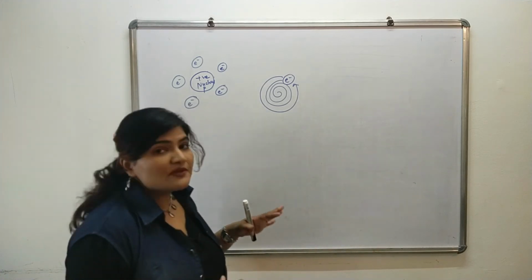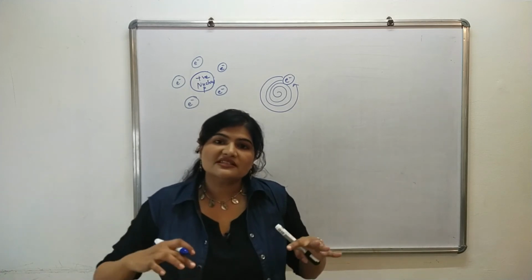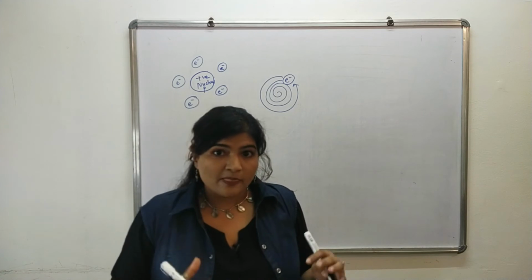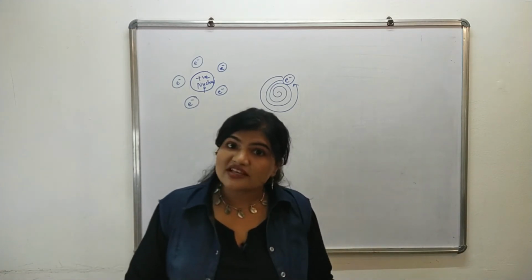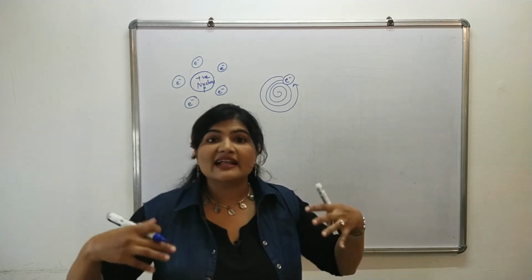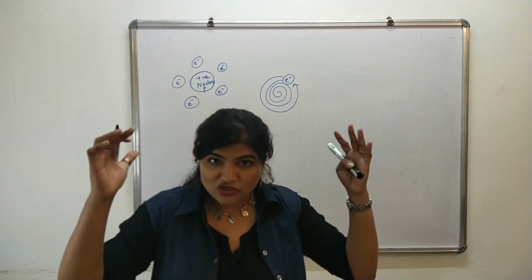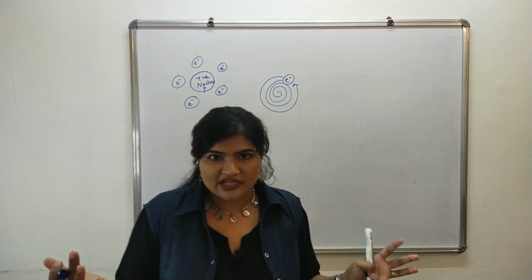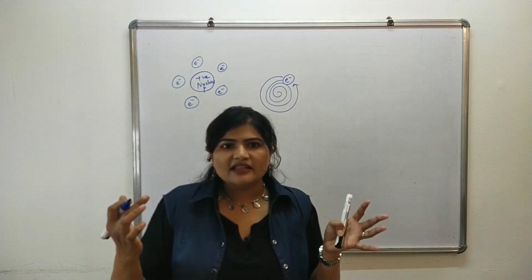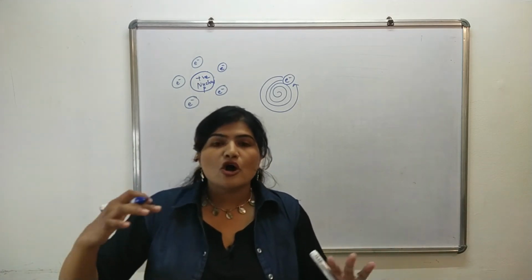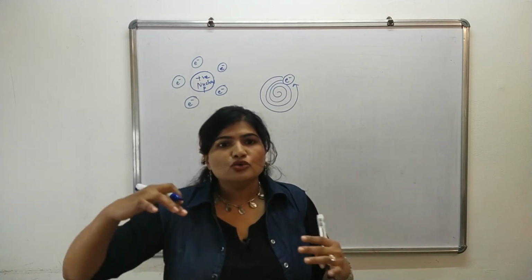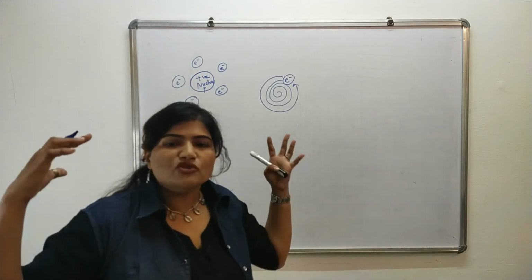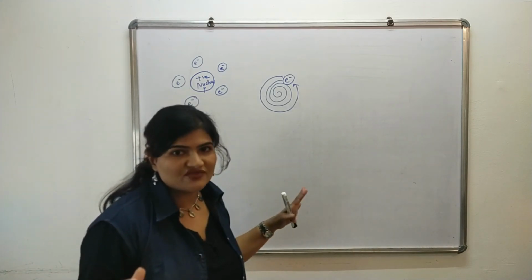The second problem was, he said that electrons are present around the nucleus and they are revolving, but he could not explain where exactly the electrons are revolving, where exactly they are placed, what their position is, and if there is more than one electron around the nucleus, whether they have the same energy or different energies. Do they follow different paths? What are their positions? He did not have answers to all these questions at that time.